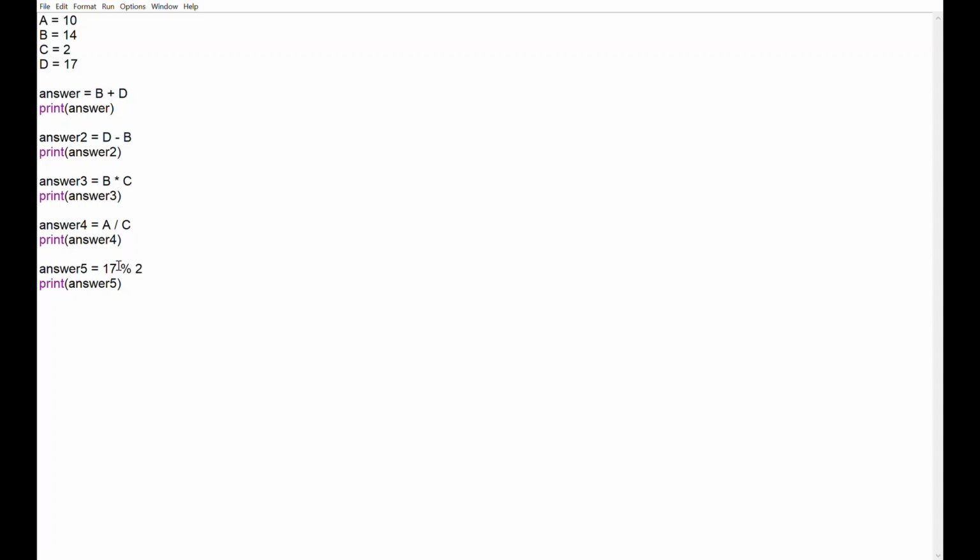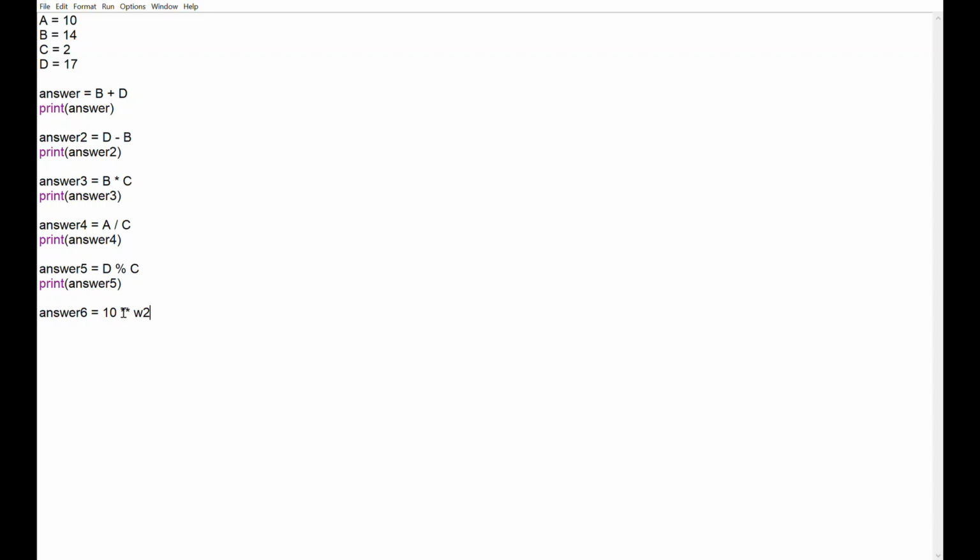So then, before we run it, I also want to do exponentiation over here. Answer 6 equals... sorry about this part, I forgot to use letters. It's not always best to use letters so you forget like this, but it's okay. So answer 6 equals 10 exponent 2.